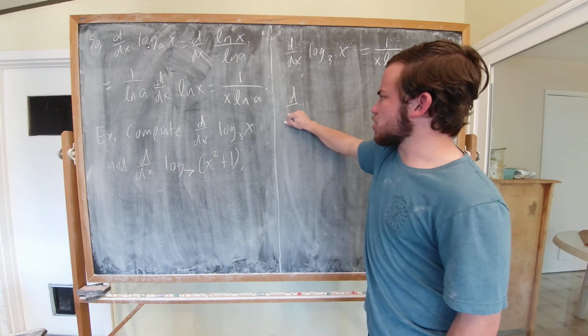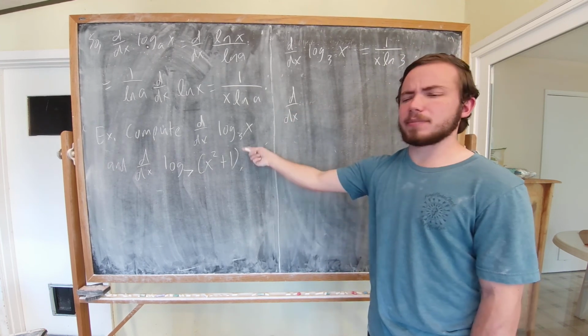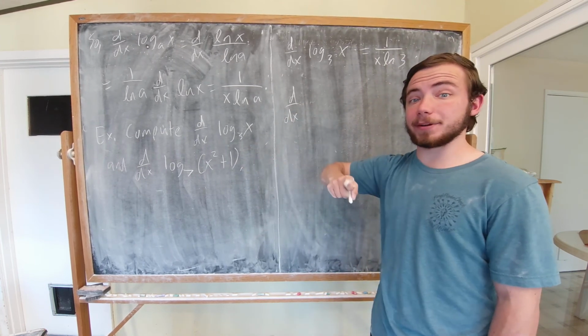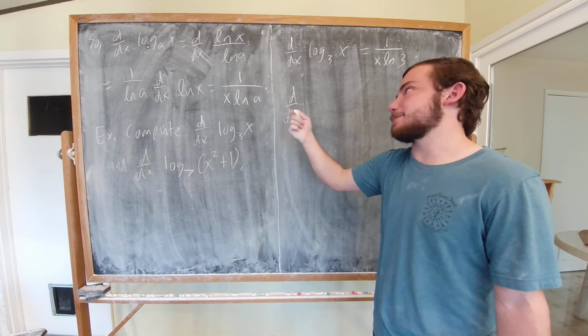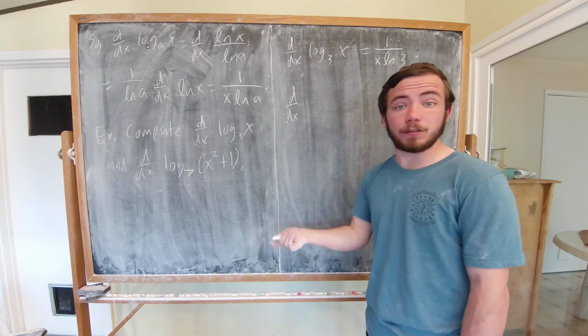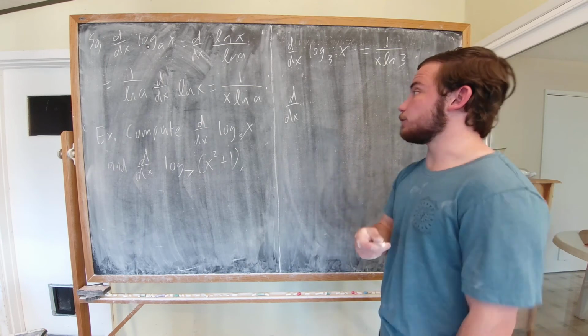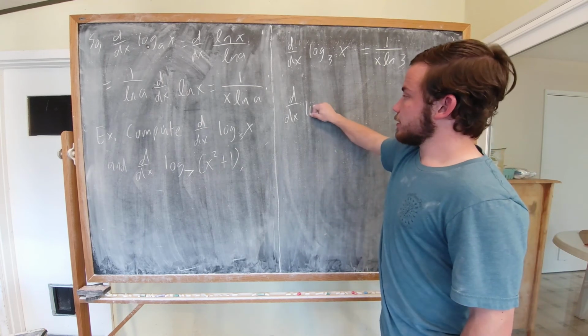Just like we had the chain rule for the natural logarithm, and it said, oh, it's the derivative over the original thing. Here, exact same thing, plus this conversion factor to working base a of 1 divided by natural log a.